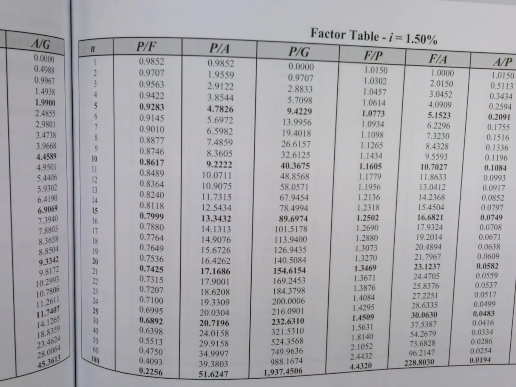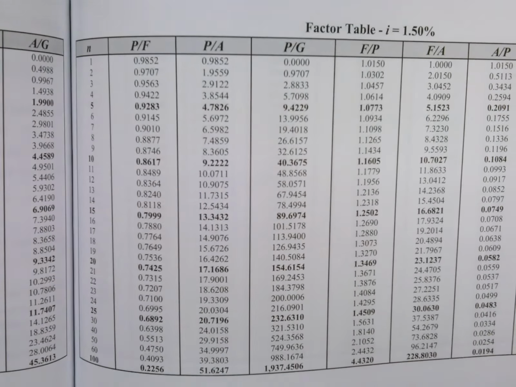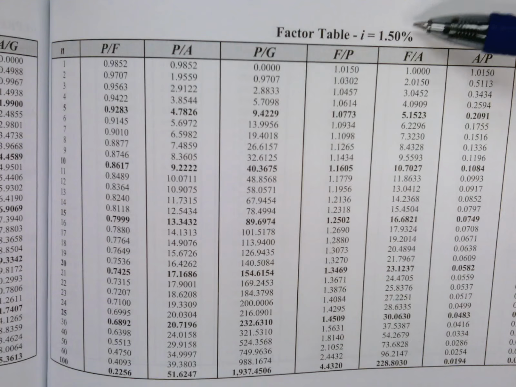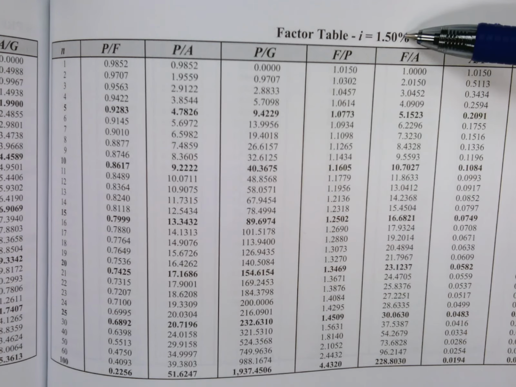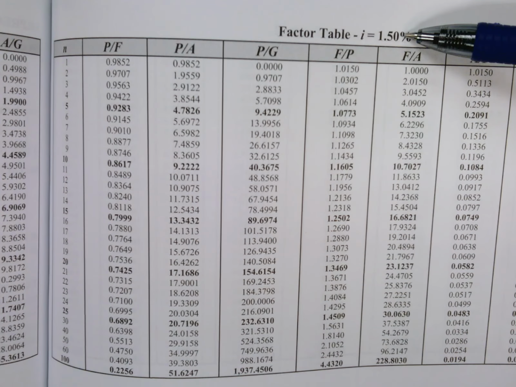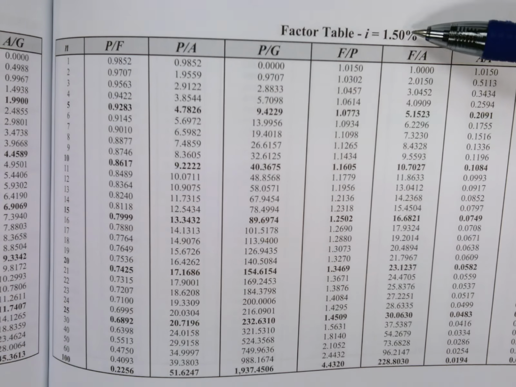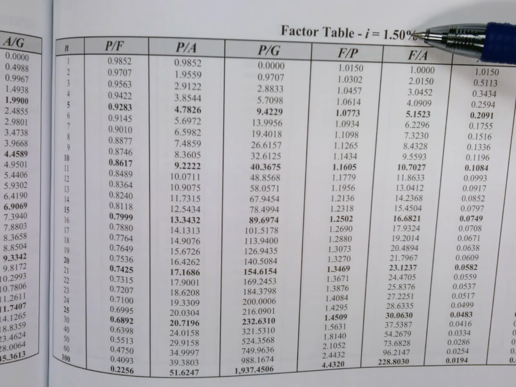And what we're going to do today is go over to the interest table factors. And in our example here, we computed an effective interest rate per compounding period of 1.5%. Remember, the bank said the annual interest rate was 6%, but we converted that interest rate to a quarterly amount per interest period each quarter.